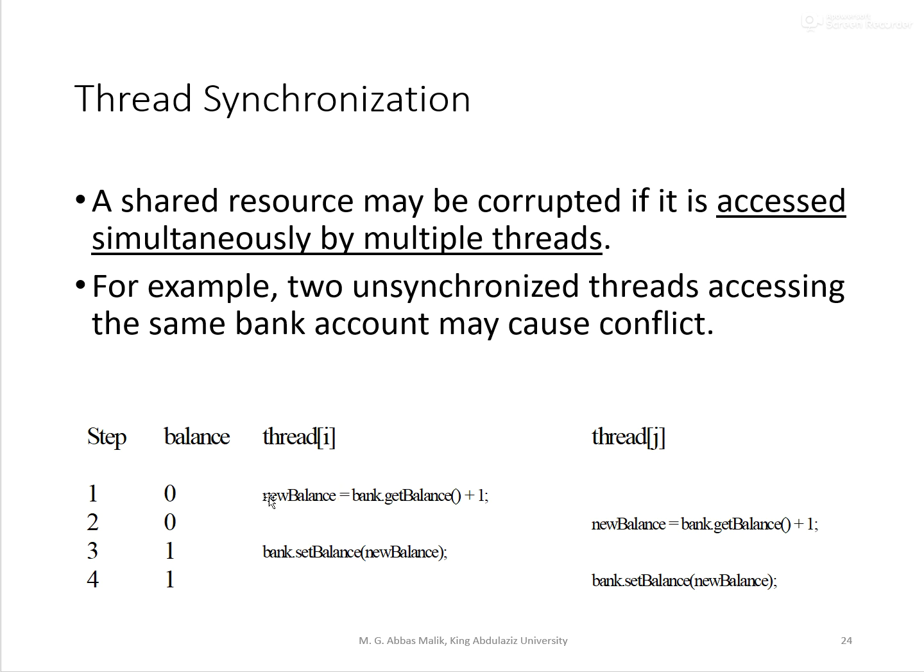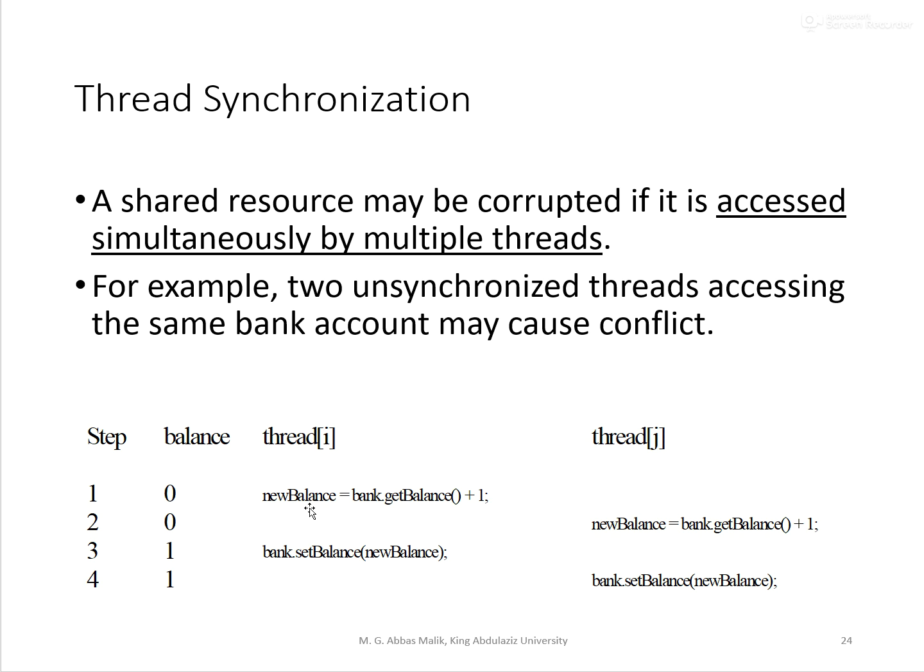Let's call it new balance, and this is the first step. And then we want to write that new balance. We want to save that back into the account. And let's say for that, in the second step, we call a method called setBalance, which sets the balance of the account to this new value that is 1 larger than what it was before.